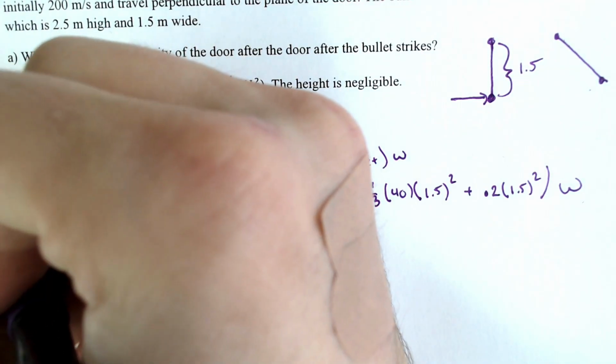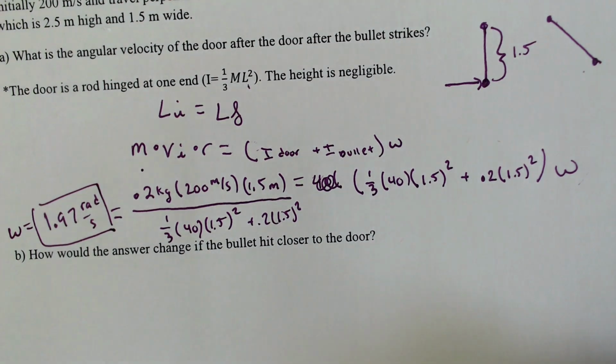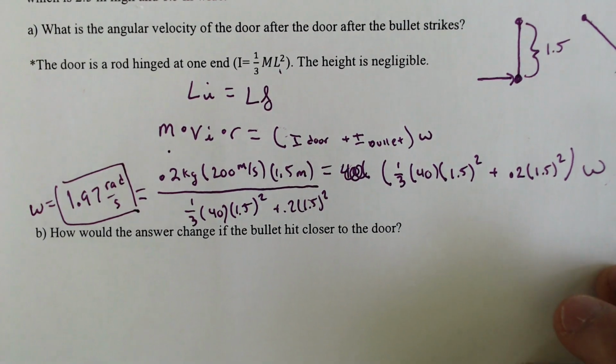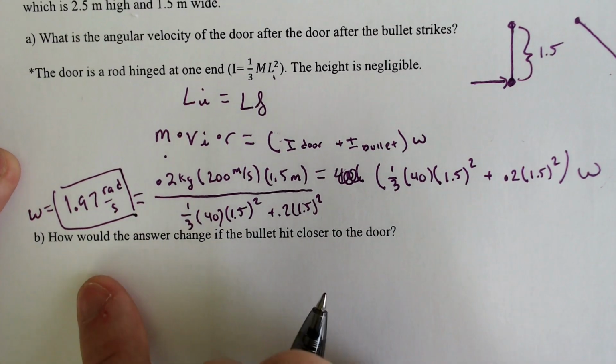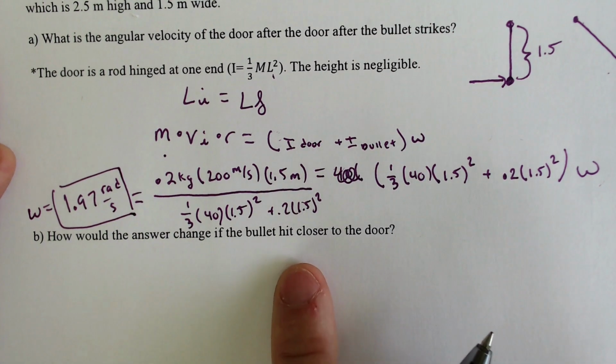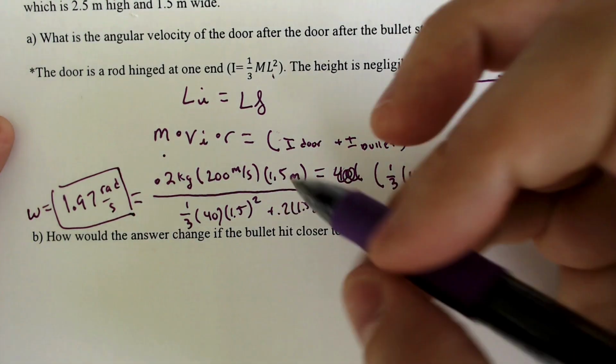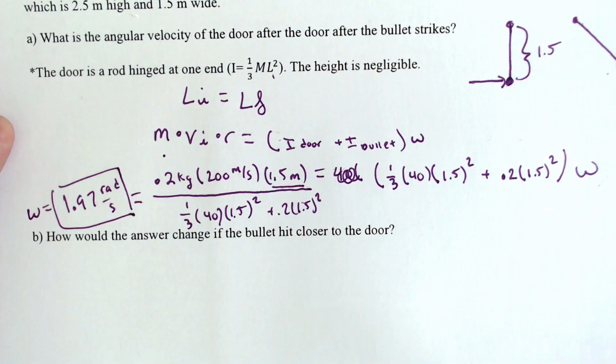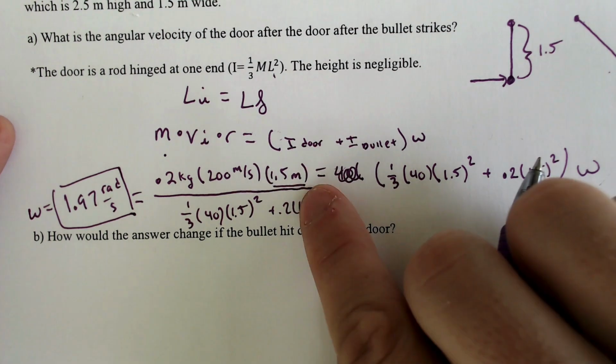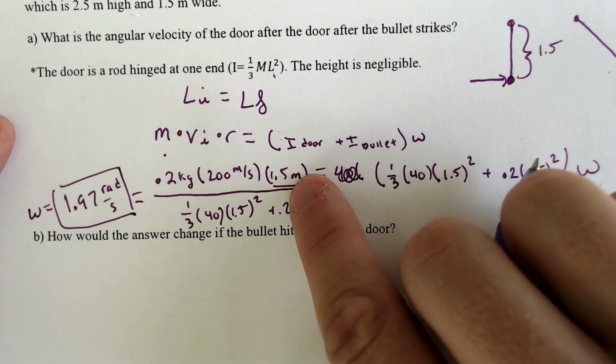For that angular velocity. Okay, and then the last question before we leave would be, how would the answer change if the bullet is hitting closer to the hinge of the door? Let's think about what would happen here. What do we have on the top? We have the radius of the door, the 1.5, one time. So if that got closer, this would get smaller.